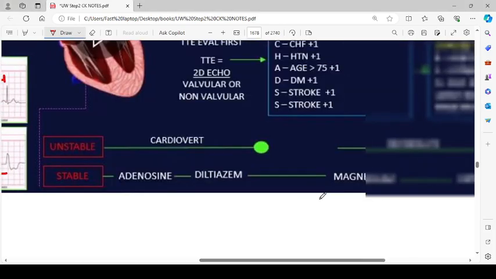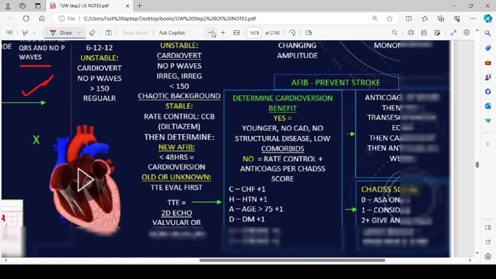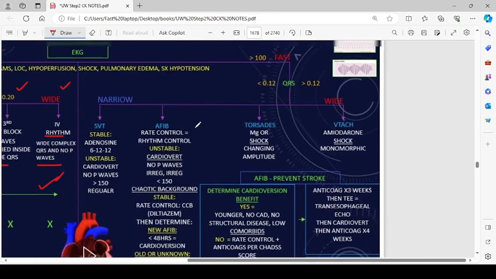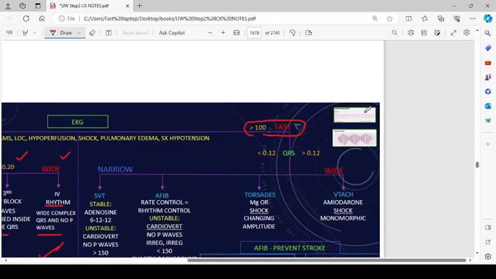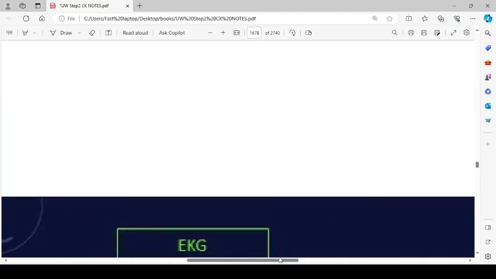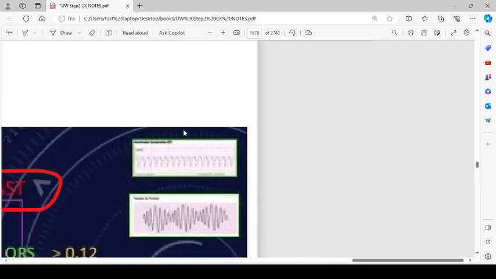Then we have this side of the flow sheet diagram. So they are saying about tachycardia, like if the heartbeat is more than 100 beats per minute. Okay, there are so many tiny diagrams. I have to zoom so much. I don't know what this is. That is what I know, and this is something which is not visible, I guess.